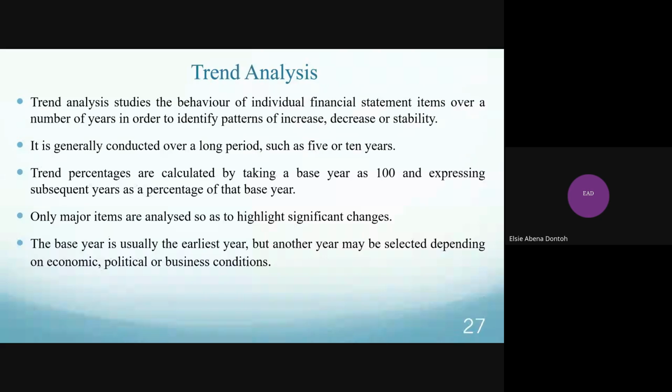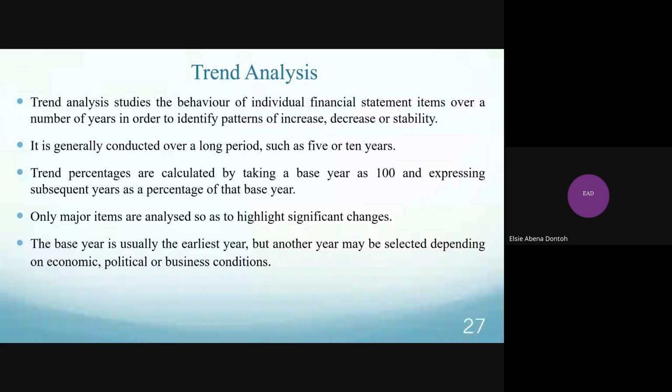So as Abuchi said, we undertake trend analysis to study the overall behavior of items in the financial statement to know the trend, whether there's an increase, a decrease, or it's constant or stable over time.